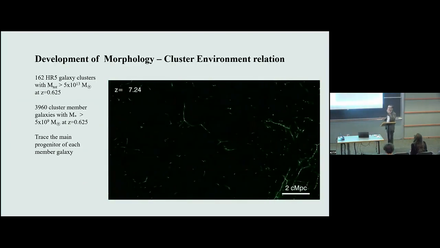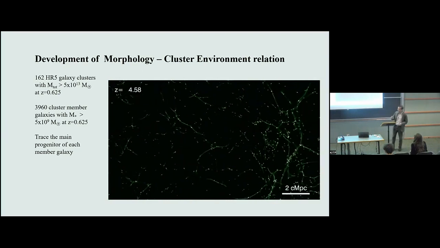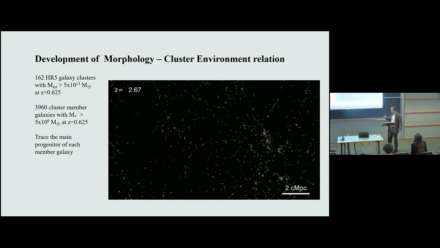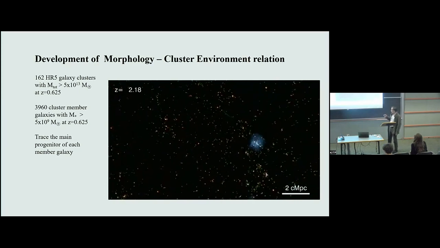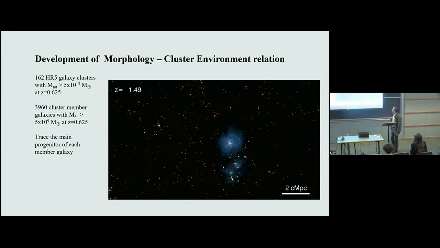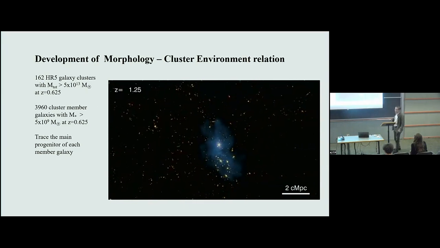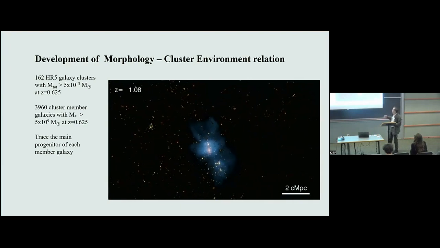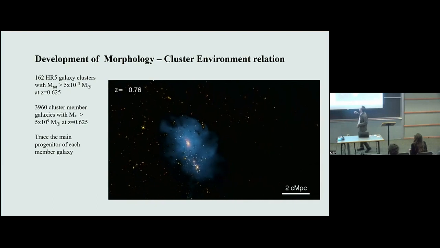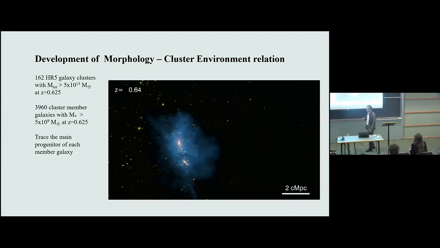Okay, so what about the galaxies in clusters? Because that was for general galaxies. To understand this empirical relation we found for cluster galaxies, we selected 162 galaxy clusters with mass greater than 5 times 10 to the 13 solar mass at z equal 0.26.